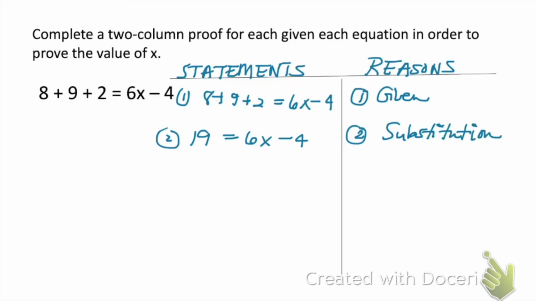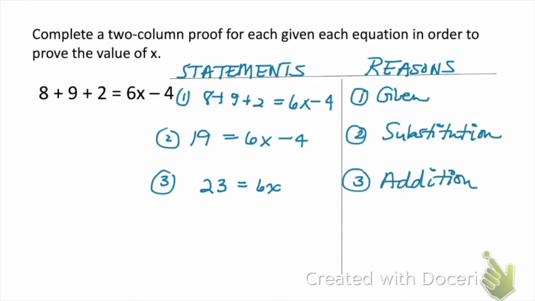Again, since it's only on one side of the equation, this is going to be substitution, or combining like terms. From here, we're trying to get the x by itself, so we need to get rid of that minus 4 next. Since it's a negative, we're going to add 4 to both sides, which would make that 19 plus 4 equal to 23. And so we get 23 equal to 6x using the addition property.